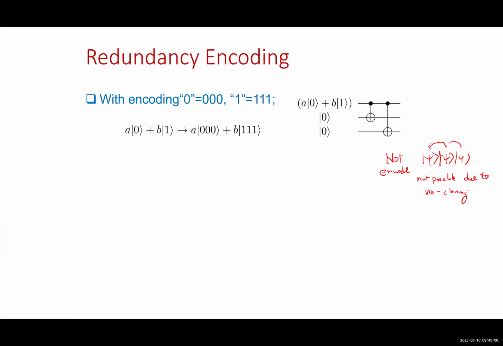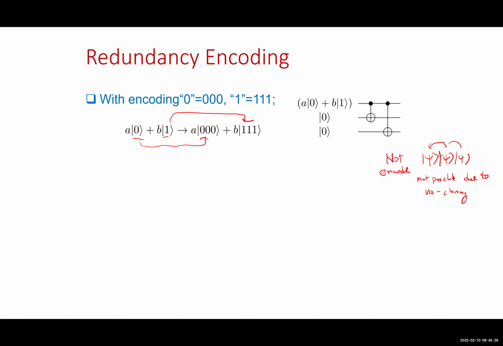So the best we can do is at least do this kind of encoding for the bases 0 and 1. And this is a circuit to create a GHZ-like state. It's really a simple circuit.